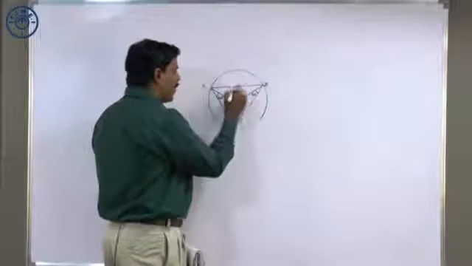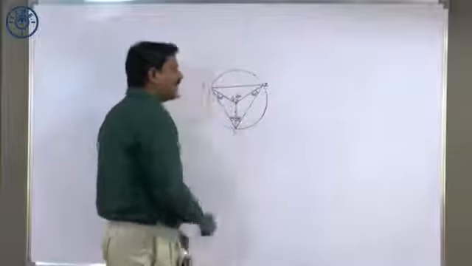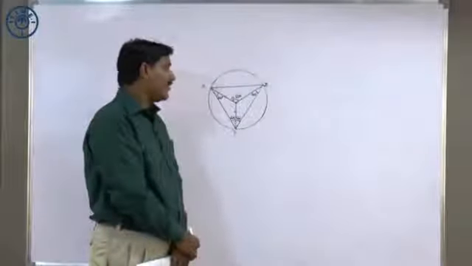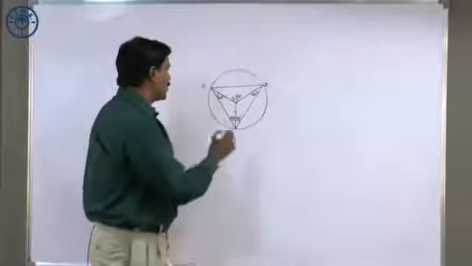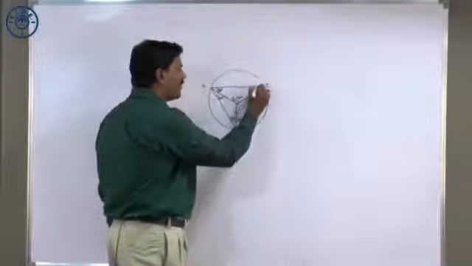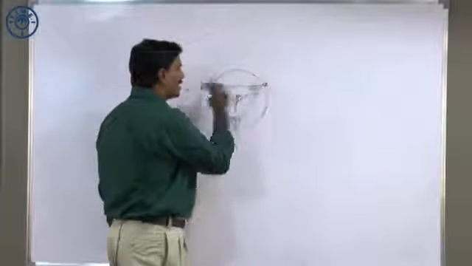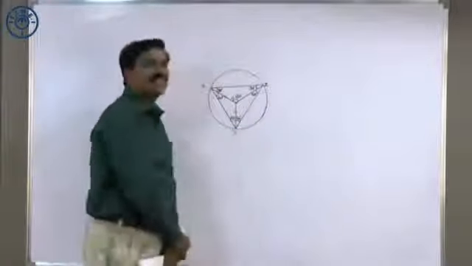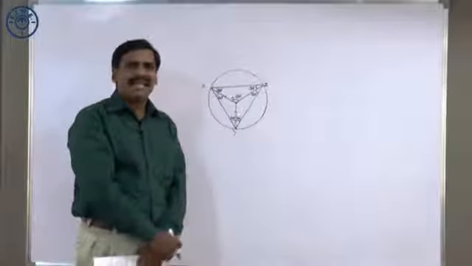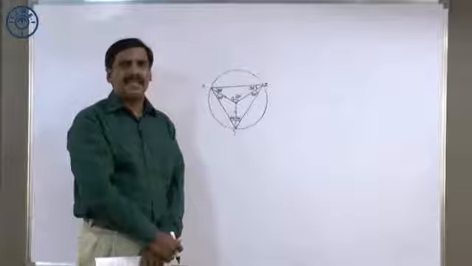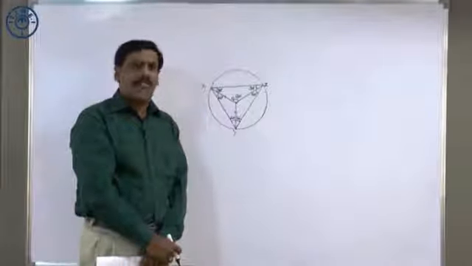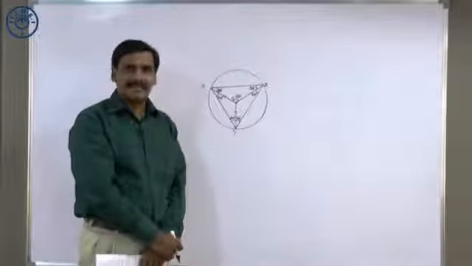Out of 180 degrees, already 120 degrees is present at O. So the balance 60 degrees should be equally divided between Z and X. So this is 30 degrees, and this also should be 30 degrees. So XZO will become 30 degrees. So this is the problem based on dealing with isosceles triangles in a circle. Let us look at one more small example on circles.